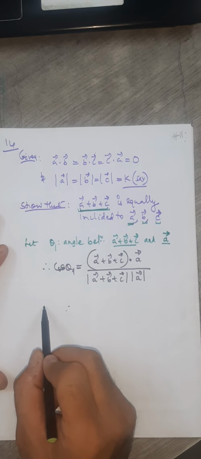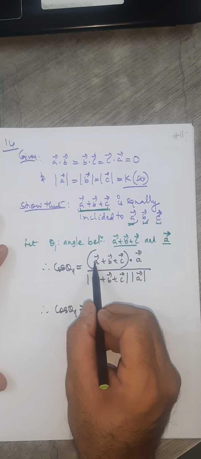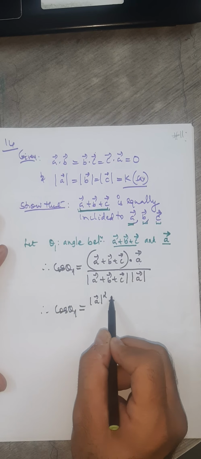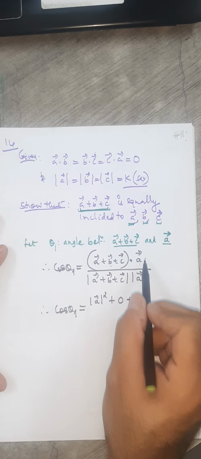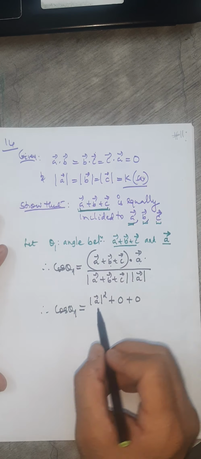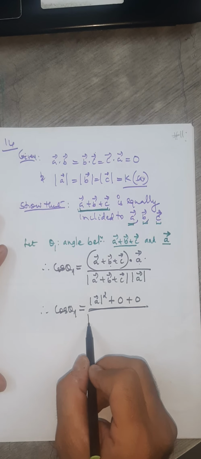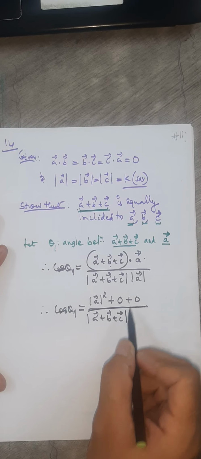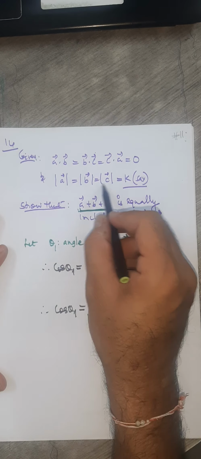Fine. So cos theta 1 equals to A dot A, you know it's magnitude of A whole square, plus B dot A, you know it is 0, plus C dot A, you know it is 0, upon this one I'll keep as it is because we don't have information about this, into here magnitude of vector A. What's the magnitude of vector A?